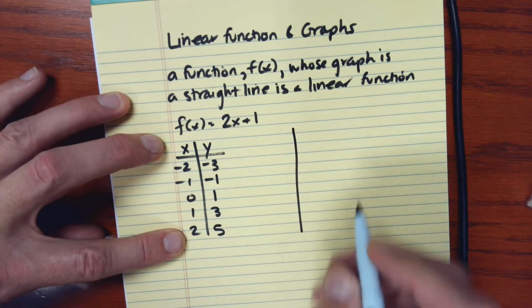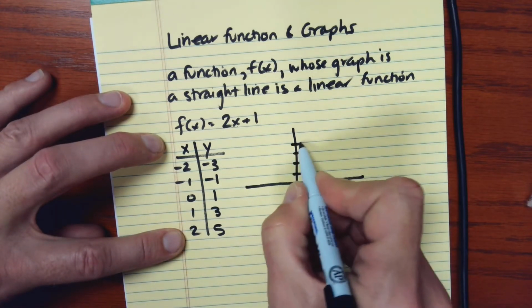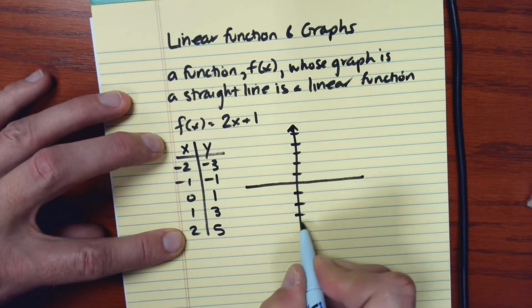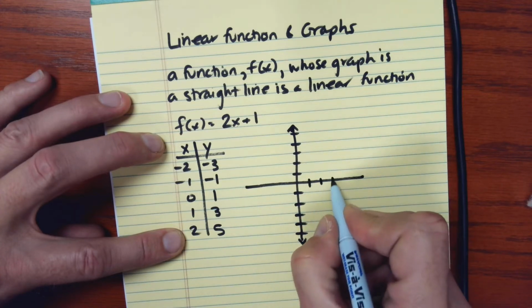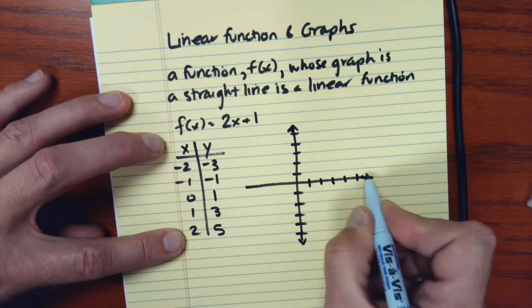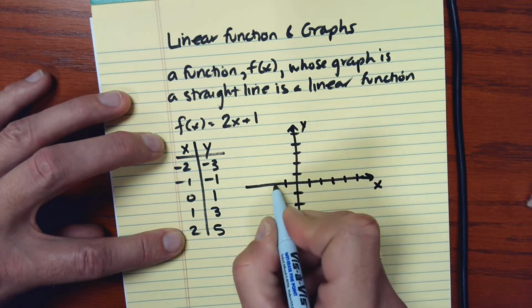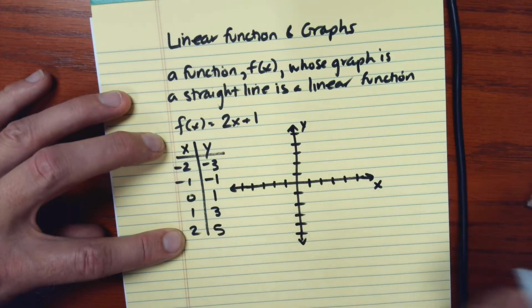And then let's look at the graph. 1, 2, 3, 4, 5, and that goes on forever. Negative 1, negative 2, negative 3, negative 4, negative 5. And 1, 2, 3, 4, 5. This is my x-axis, my y-axis, and negative 1, negative 2, negative 3, negative 4, negative 5.